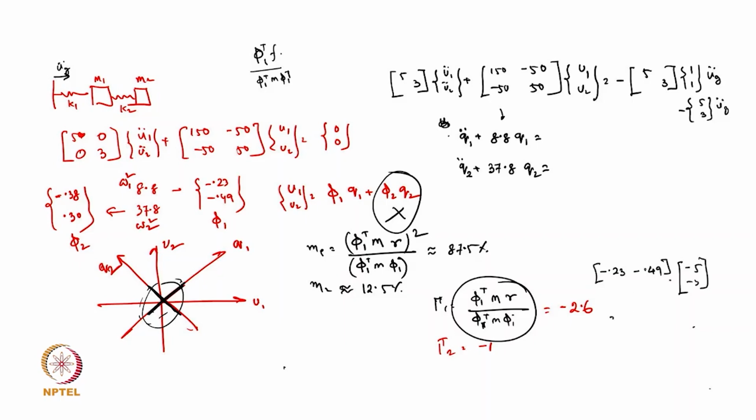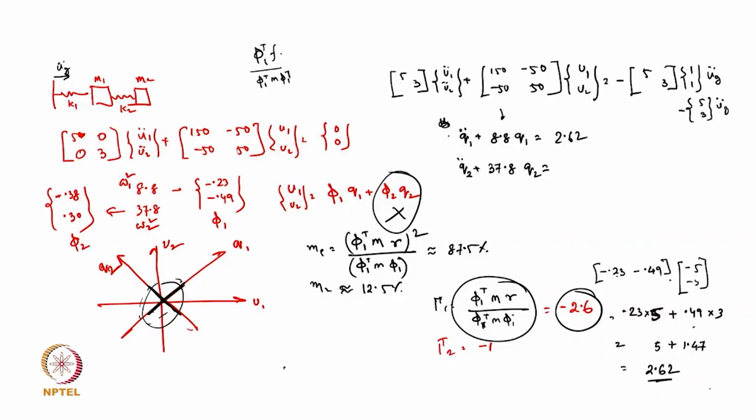The first thing is that the minus will vanish. So 0.23 into 5 plus 0.49 into 3. I did not write all the terms. Did you see that? This is also 2.62. So you can just place here 2.62.